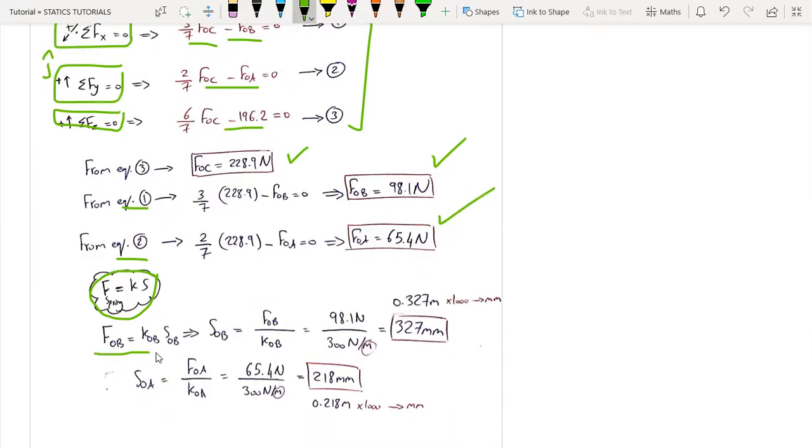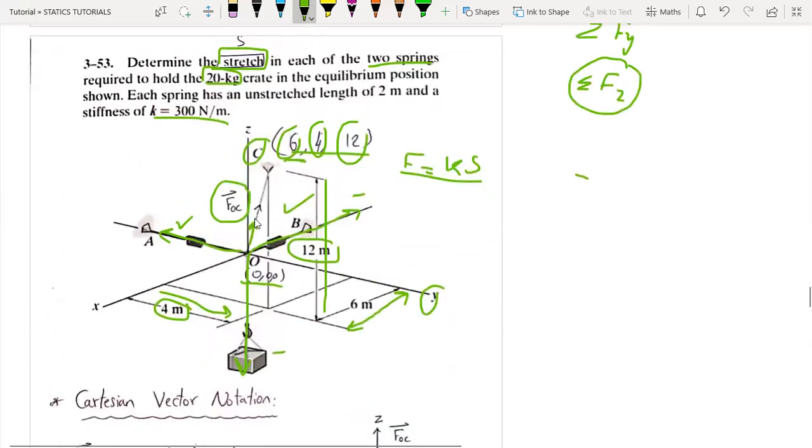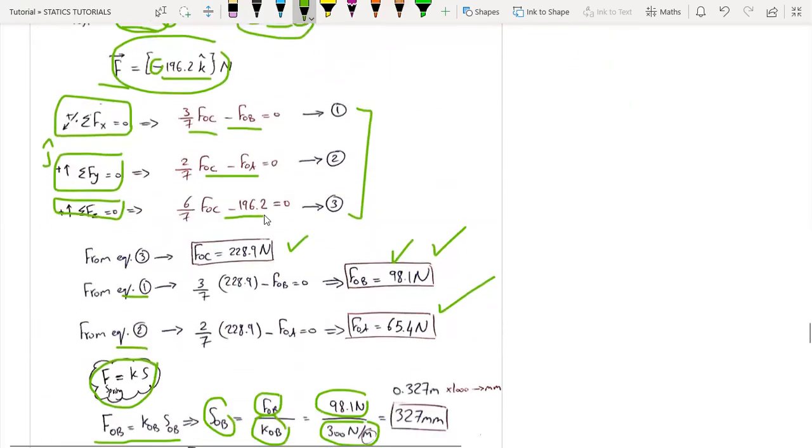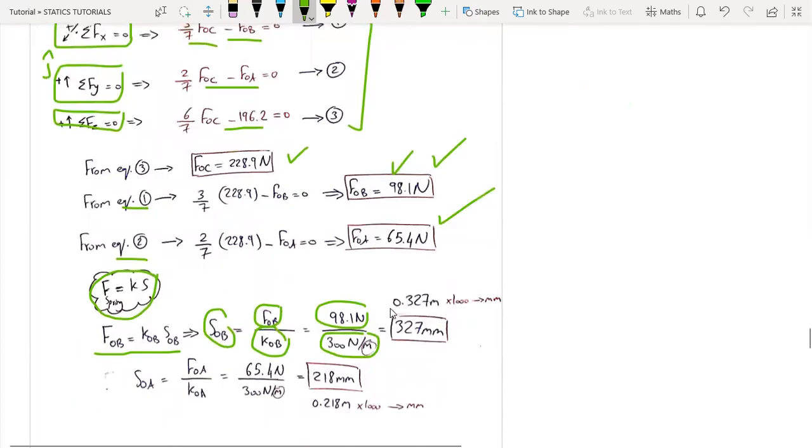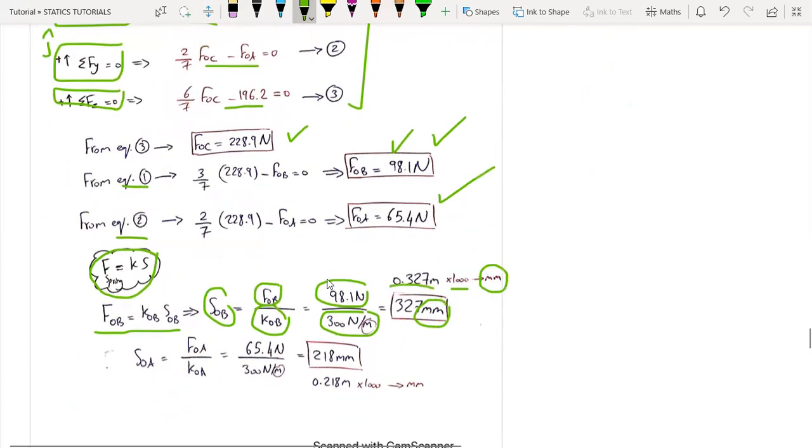Now we will use the spring force equation. So F equals the spring constant multiplied by the stretch. So the stretch will be the force over the spring constant, correct? We have already found it. So 98.1 newtons over 300 newtons per meter, which is given in the problem. I get the result in meters, but I multiply by 1000 to convert the unit to millimeters.